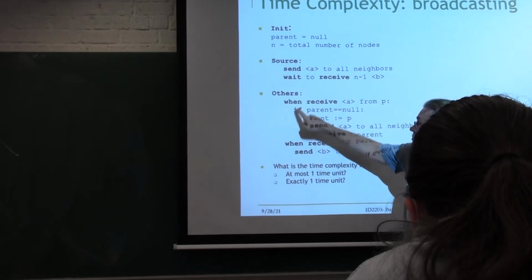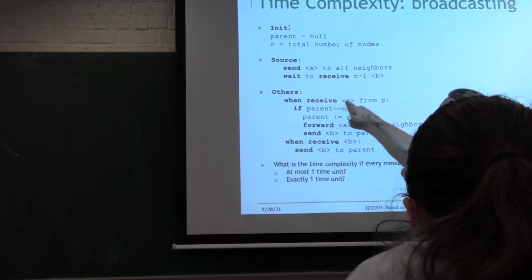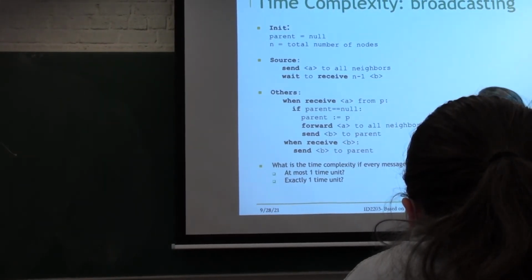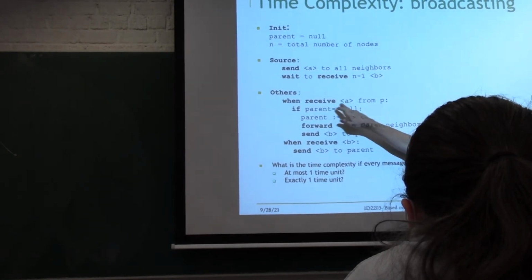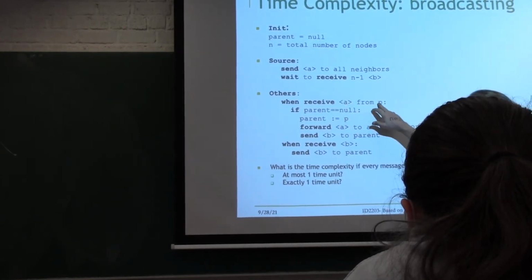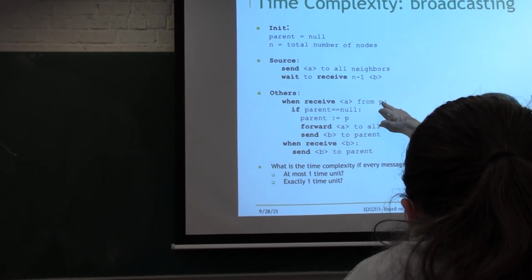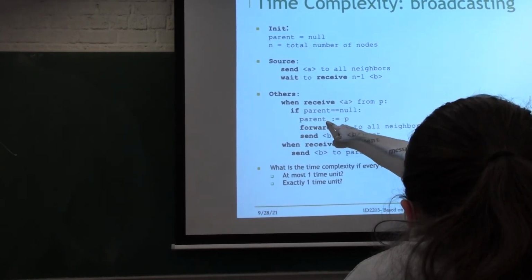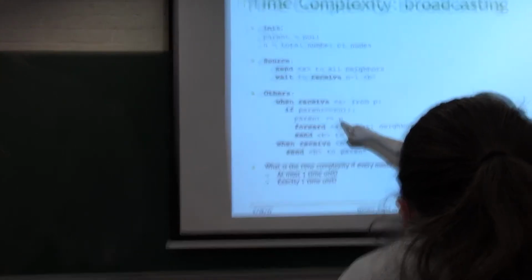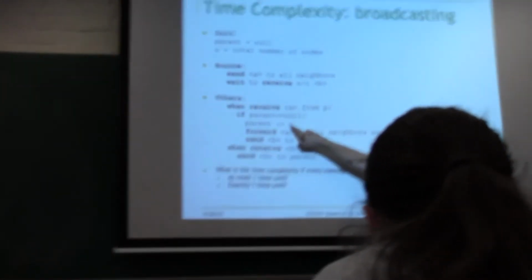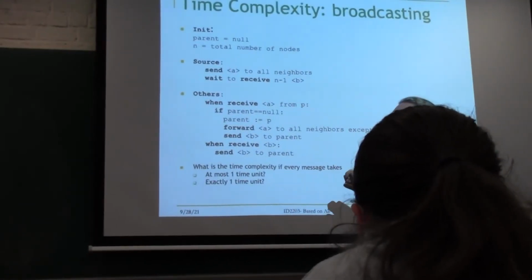So there's two possibilities. Either it receives A or it receives B. If it receives A from a node P, then it has a local variable called parent, which it sets to P. So the first A that arrives determines the parent node.